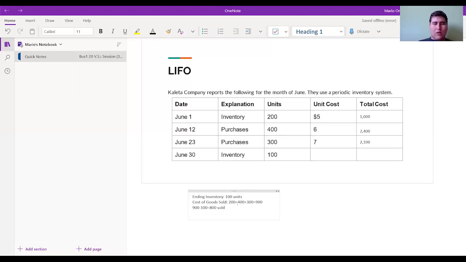So now we know how many units we sold through this month. I almost said year, but it's not a year. Another good thing we could do is add the total cost here. I'll put it down at the bottom so you don't mix it up with the unit cost and inventory at the bottom there.